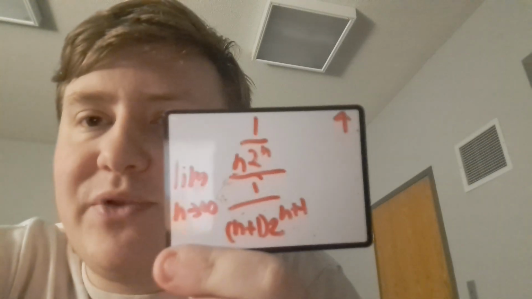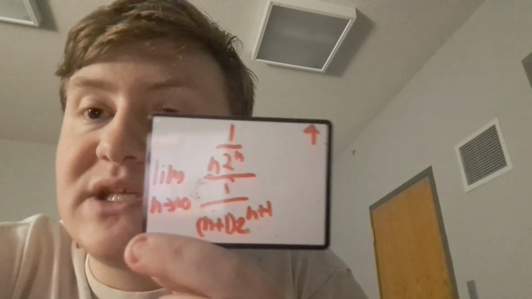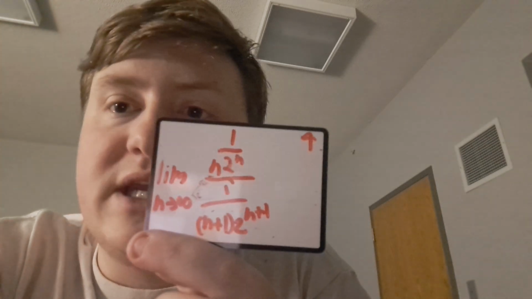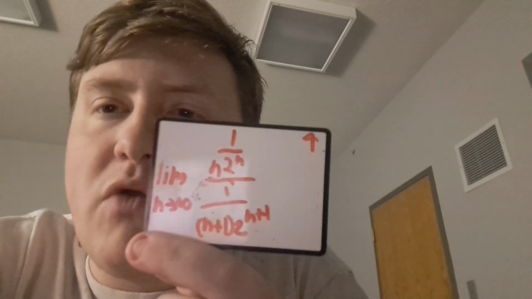We're doing that again. So we take that n plus 1, and now we're going to move to a simplification step. This can be simplified by flipping the bottom fraction and multiplying it times the top, which is going to give you n plus 1 times 2 raised to the n plus 1 over n times 2 to the n.